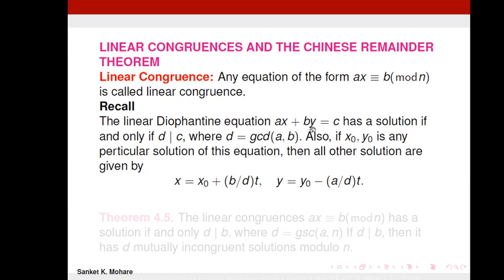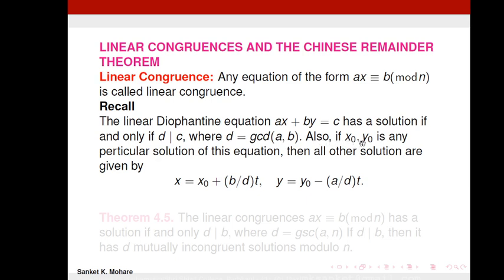This linear Diophantine equation has a solution if and only if d divides c, where d is the GCD of a and b. The GCD of these coefficients should divide c. Then only we say that the linear Diophantine equation has a solution.